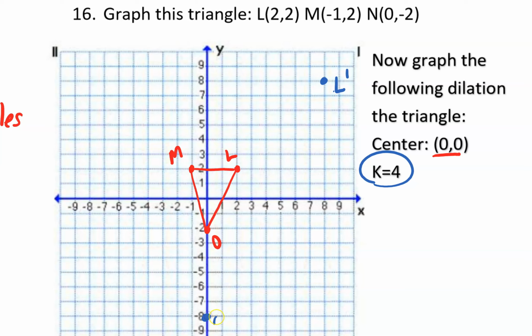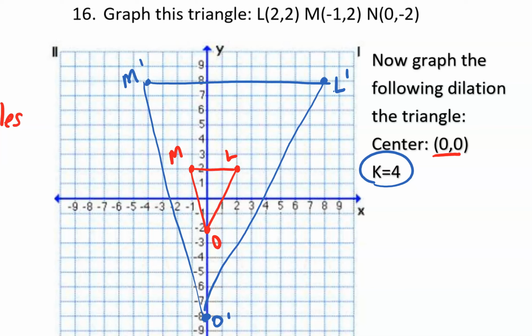That's going to be right here, O prime. M, -1, 2 is going to be -4, 8. I'm just multiplying the coordinates by 4. And now I have this big triangle. It's 4 times bigger than the one it started with.